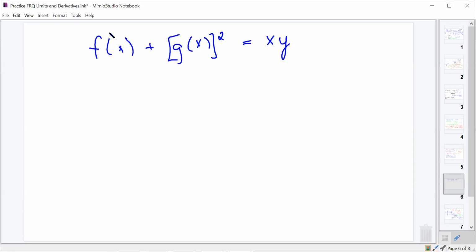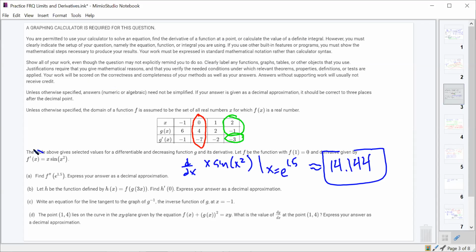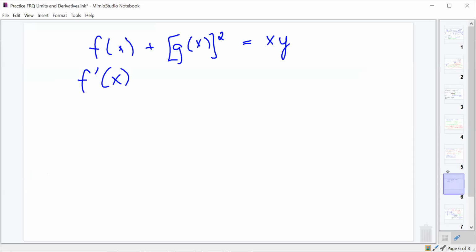It's x sine of x squared, right? It's f prime of x, the derivative of f, which I'll replace with x sine of x squared once we get through the whole derivative. So it's f prime of x, which is x sine of x squared. Good. And then what about the derivative of g of x to the second power?